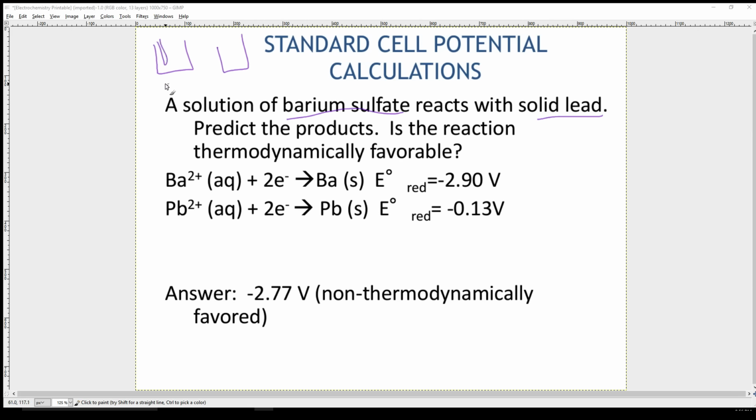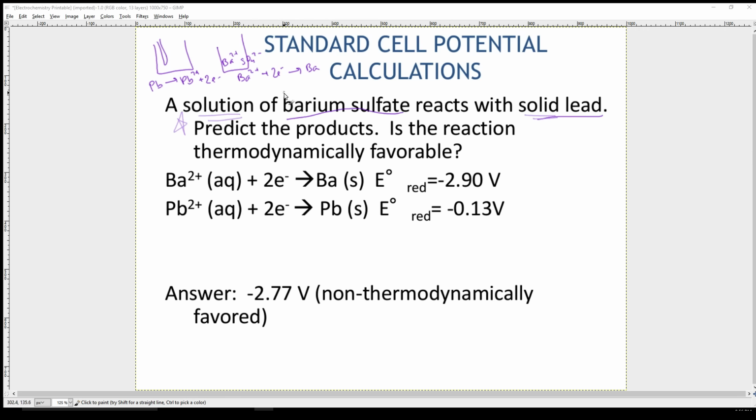So, solid lead. Here's my solid lead. So my equation is going to start with Pb, which means it's going to have to react to form Pb2 plus and 2 electrons. And here we had barium sulfate in solution. So that means it's starting as barium as an ion. It's going to add on its 2 electrons and form solid barium. So they're telling us with this wording up here, a solution of this and solid that, they're telling us what is the cathode and what's the anode.